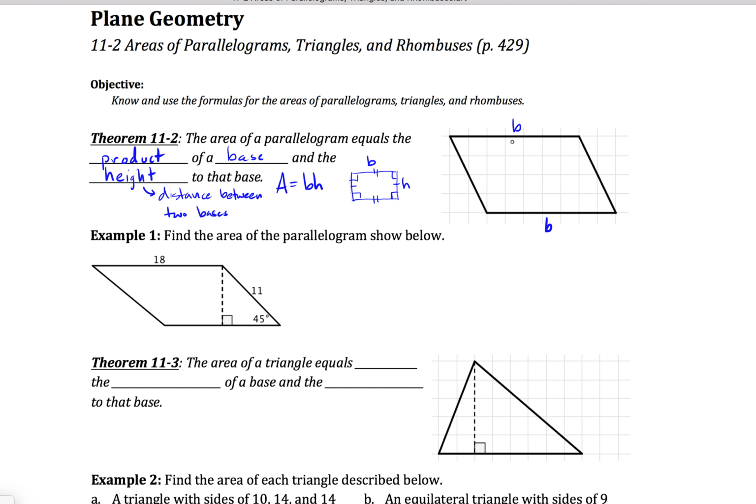Because remember, when we measure the distance between two objects in geometry, we measure along a segment that's perpendicular to the object. So the height of this would actually be this measurement right here. This segment that's perpendicular to the base, the length of that segment would be our height measurement for this parallelogram.